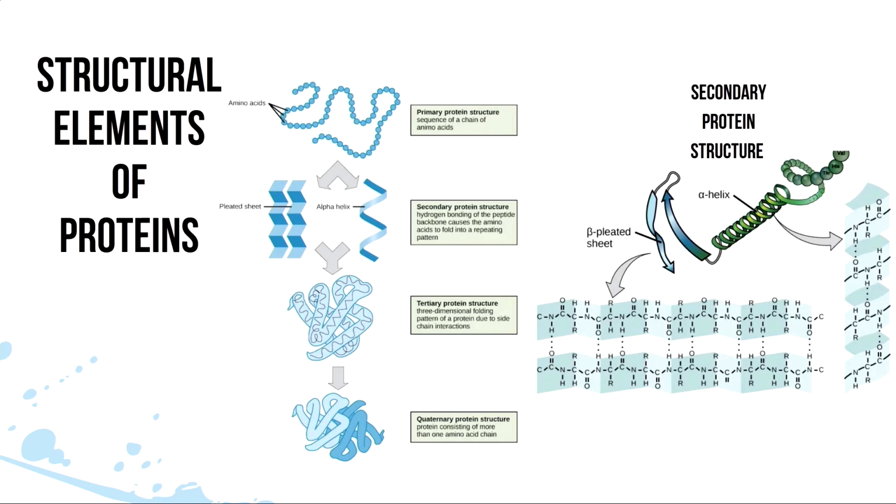And these smaller spring or sheet-like things can now fold again. They can also interact with other sheets, other helices. So these things are called helix, right? This is a right-handed helix, and these helices will again come together to form a full protein structure. And then multiple proteins can come together again to form even more complicated structures.